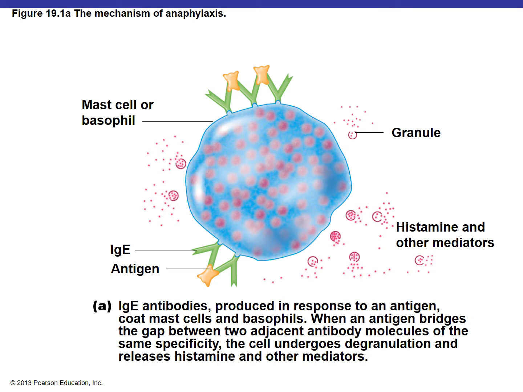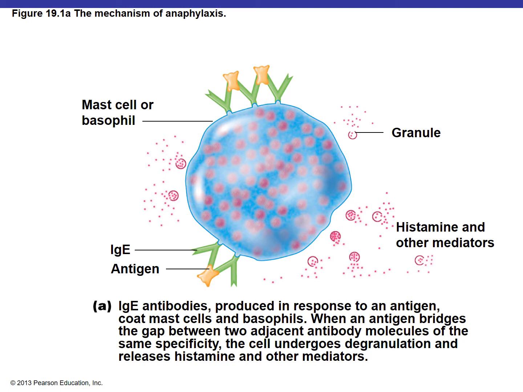Here we see the mast cell or the basophil, which has all of these granules which contain the mediators. And you can see the IgE antibodies on the surface. When those IgE antibodies bind to antigen, one antigen between two antibodies, so that you get this bridging effect, that causes the release of the mediators from the granules.